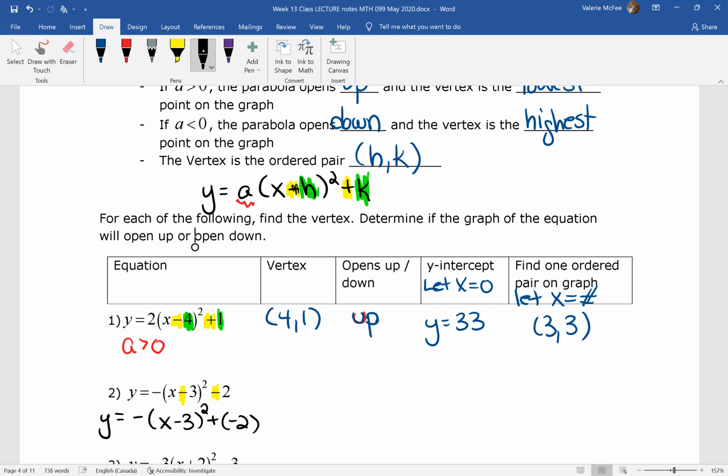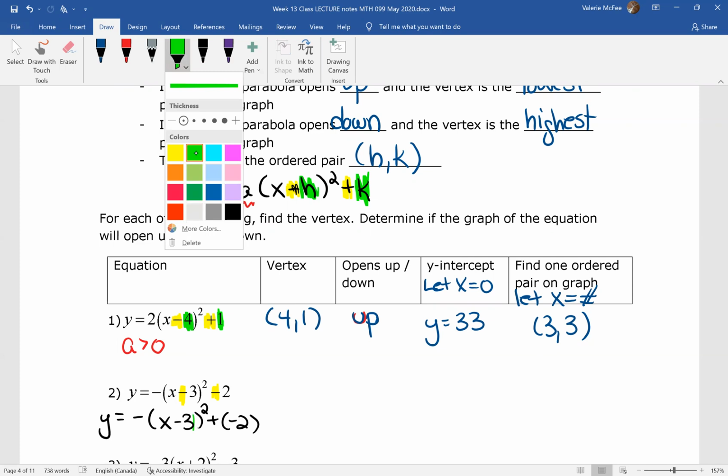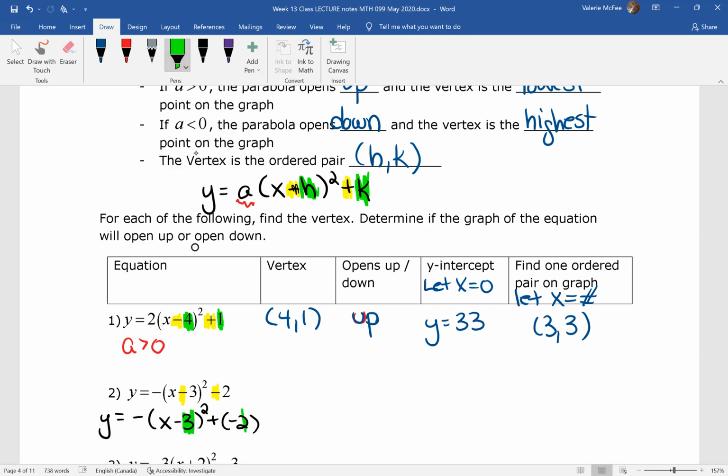Now we have our minus sign and our plus sign. When we do that, we know that the vertex is (h, k). So the vertex here is (3, negative 2).